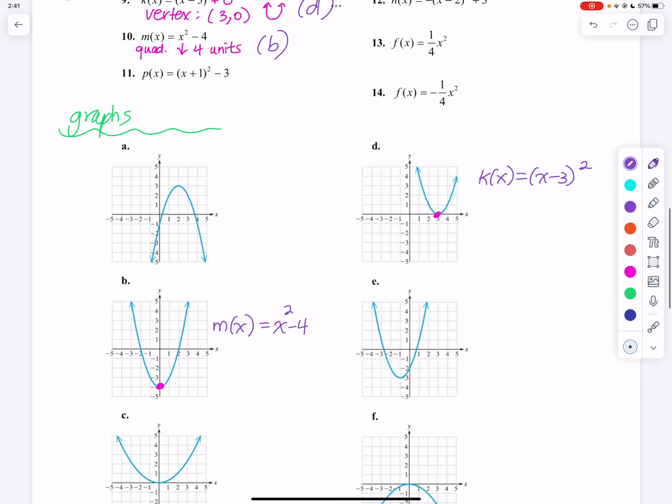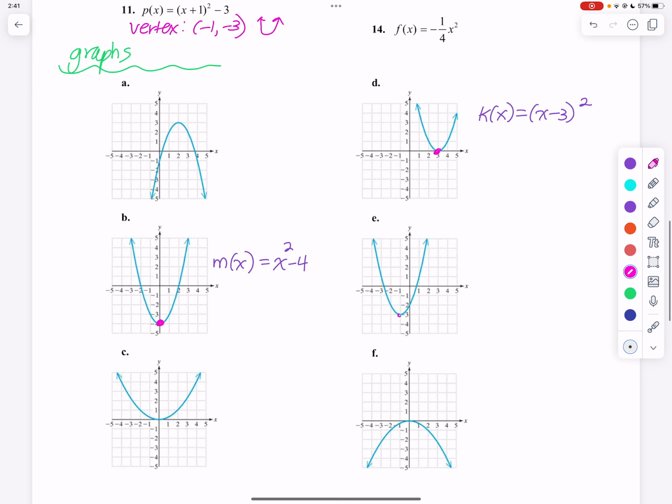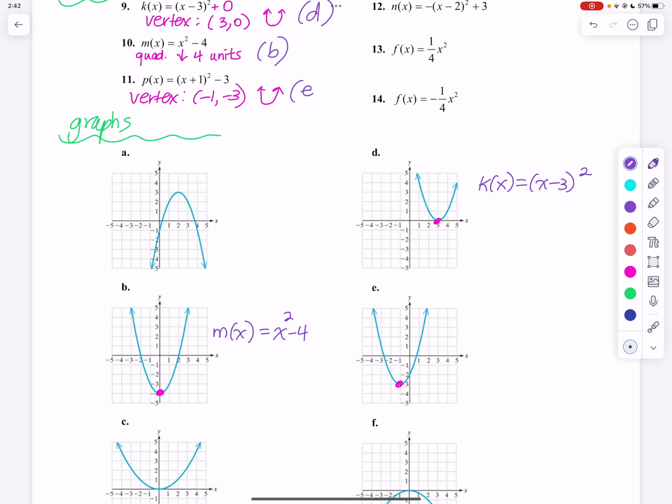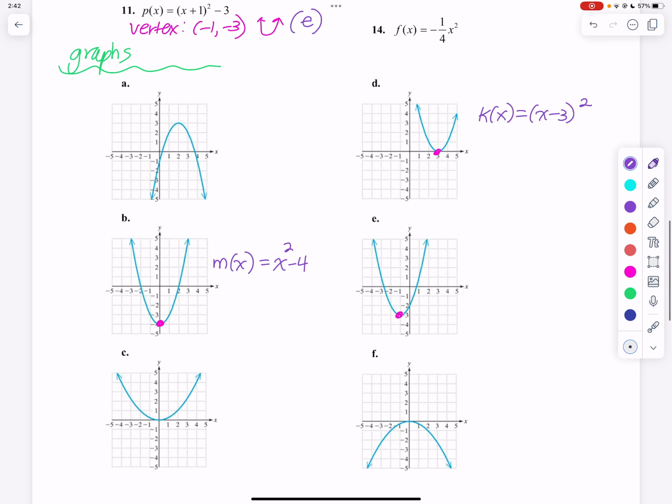Let's go to number 11. As you can see, that vertex is (-1, -3), and it opens up. So (-1, -3), there it is. And this is graph E. And E is p of x equals (x plus 1) squared minus 3.